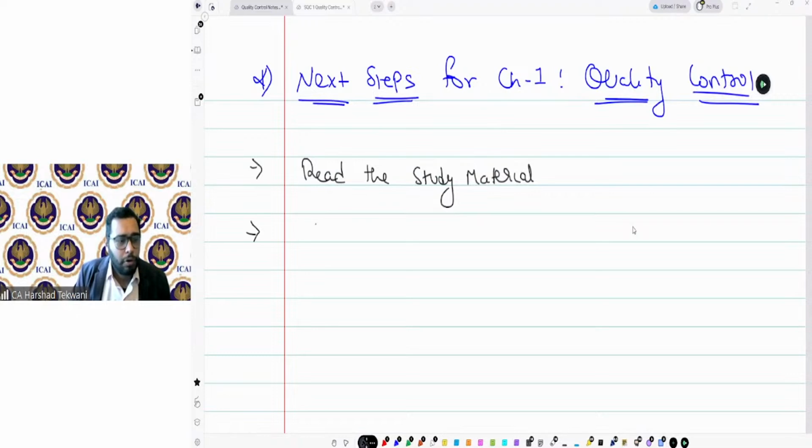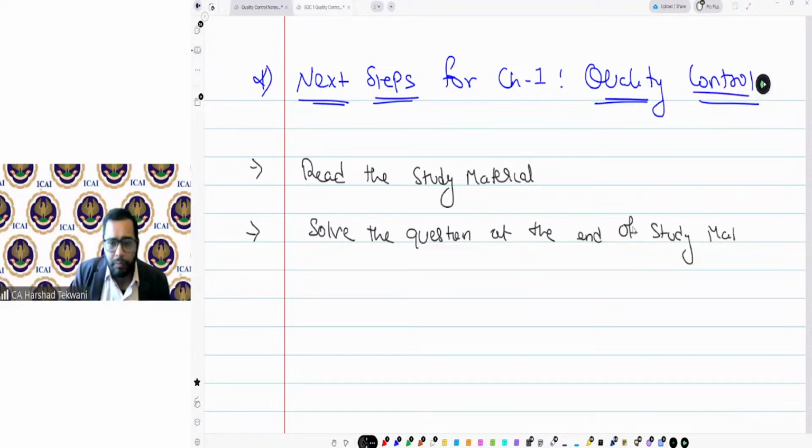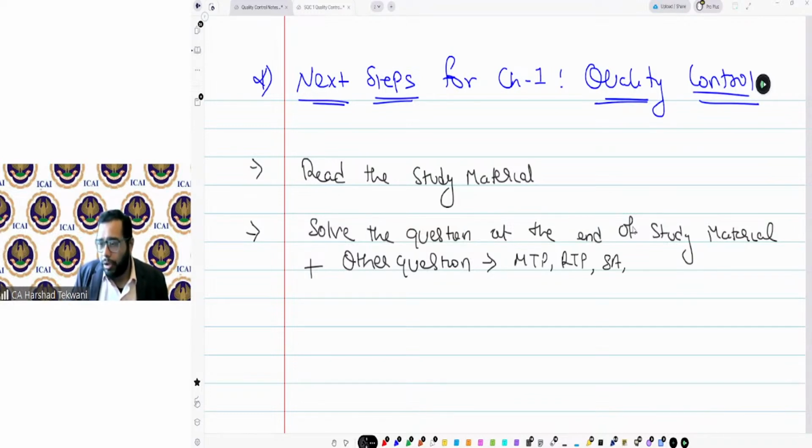Second, solve the questions at the end of study material. Plus other questions, you can take it from MTP, RTP, okay, or suggested answers, or you can take it from MCQ booklet.